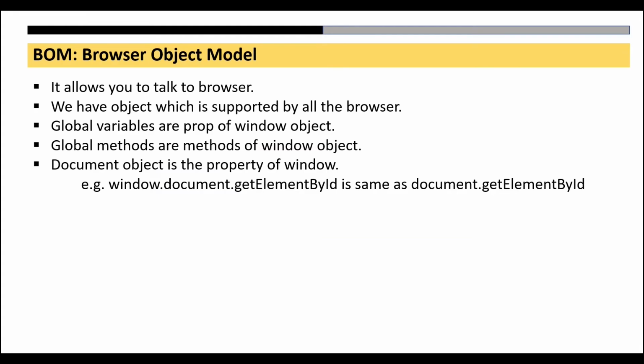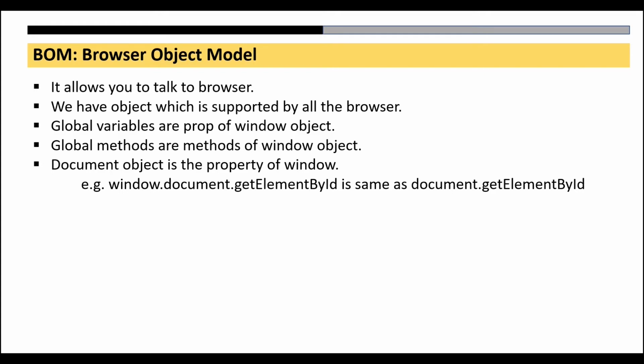Hello everyone. In today's video, we are going to see what is BOM, that is your browser object model. From the name itself, you will understand it is something related to the browser. So your BOM allows us to talk to your browser. We have some predefined objects, and those objects have further properties and methods that allow us to talk to the browser through JavaScript.